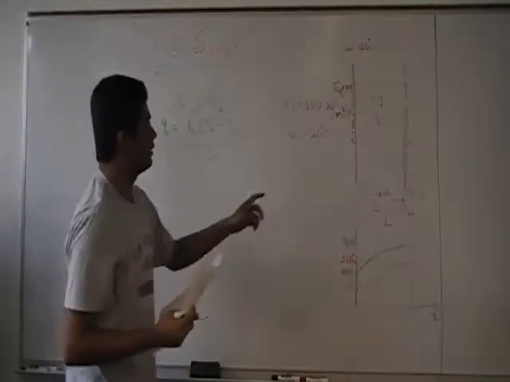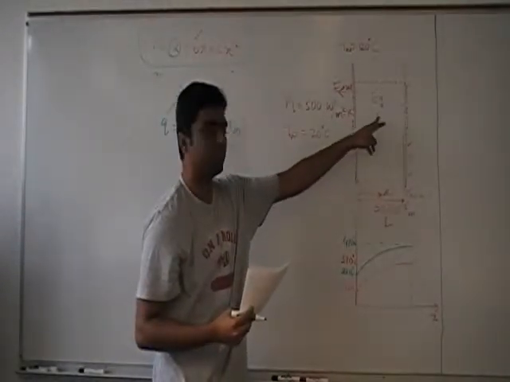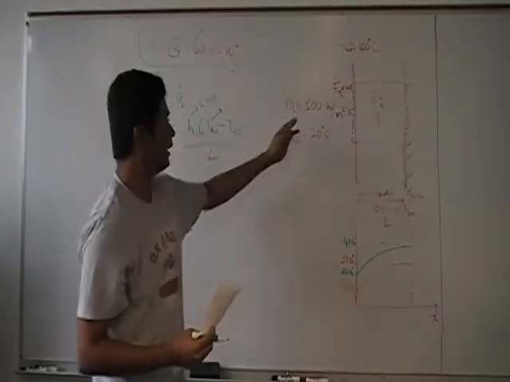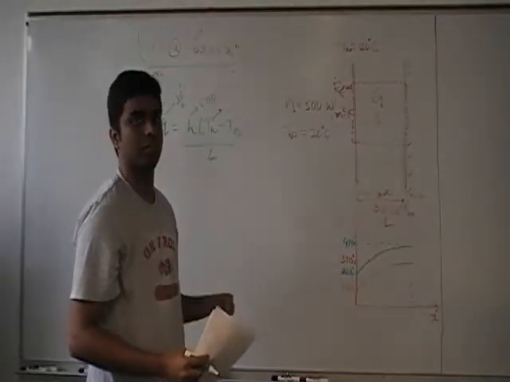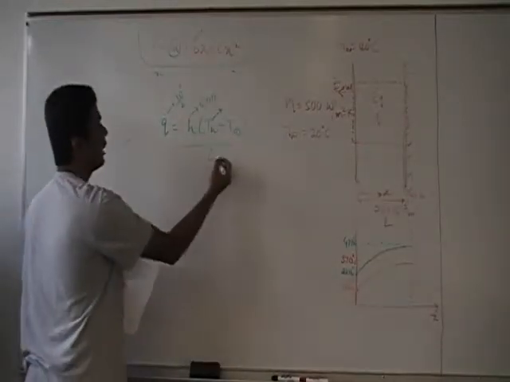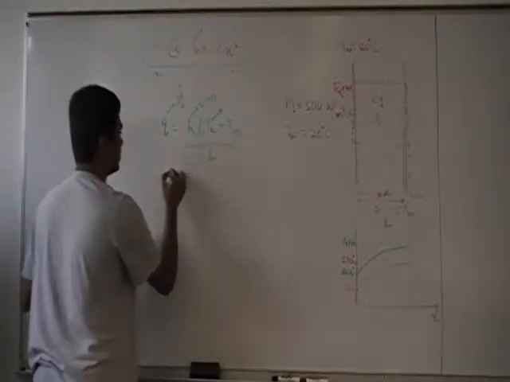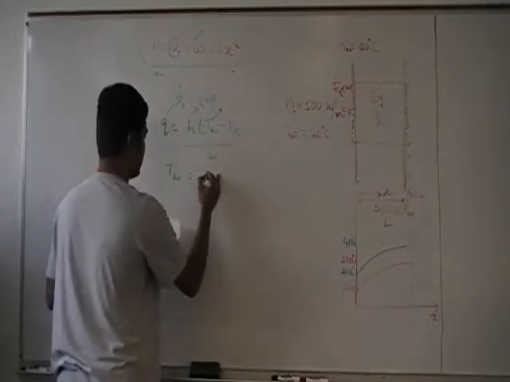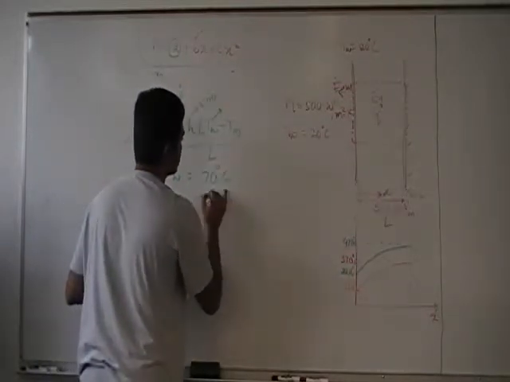Intuitively, the heat generation rate has decreased, and your heat transfer coefficient remains the same. So you expect the wall temperature to reduce, and that's basically what happens. When you substitute the relevant values here, the wall temperature is estimated to be 70 degrees Celsius.